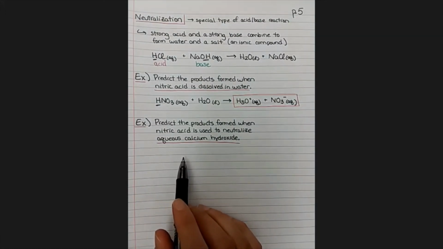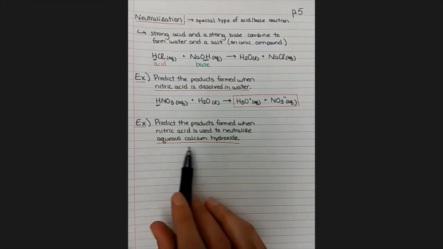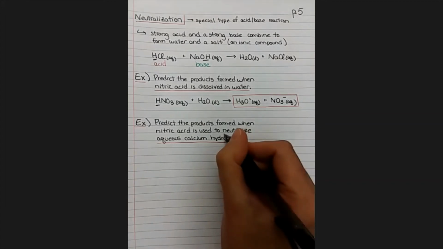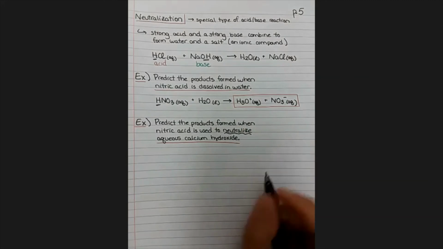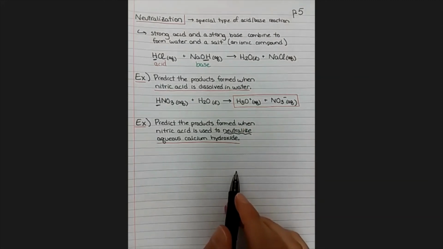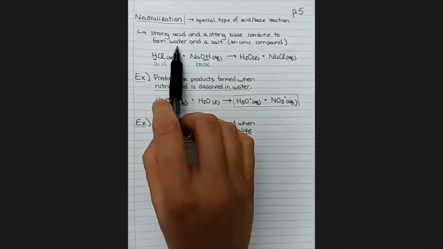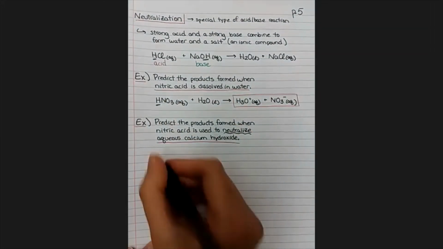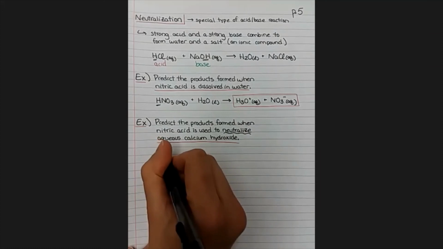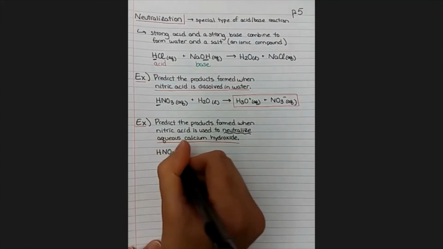Predict the products formed when nitric acid is used to neutralize aqueous calcium hydroxide. I'm going to focus in on that word neutralize. That tells me I'm going to need to do a neutralization reaction, which is always strong acid plus strong base forms water and salt. So strong acid, that's my nitric acid. It has the word acid in the name.